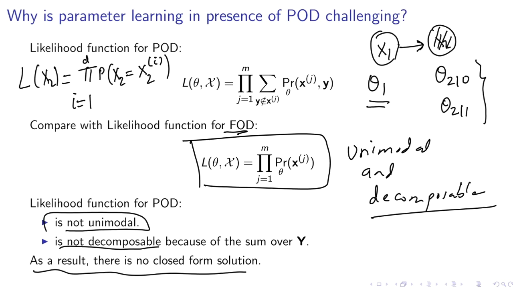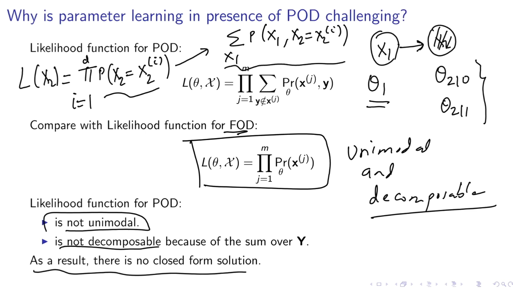By definition of probability, this expression x2 equals x2I is nothing but sum out x1 from the joint over x1 and x2 equals x2I. So now, in order to compute the likelihood, we have to solve a summation problem.